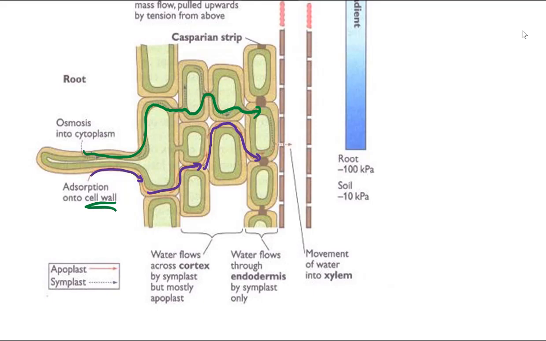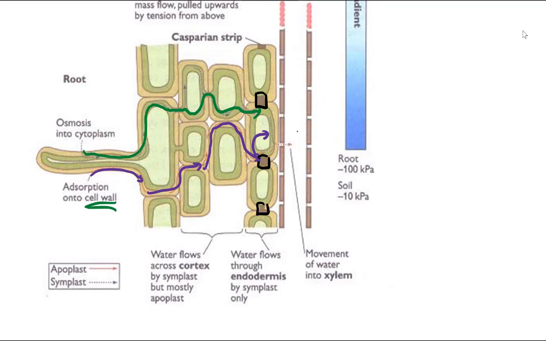The symplast pathway moves water by osmosis through the cell cytoplasms, but the apoplast pathway was blocked by the Casparian strip, which is found in the endodermis.